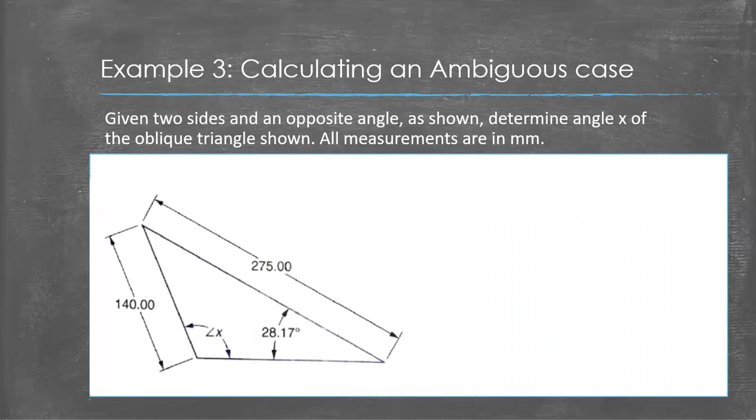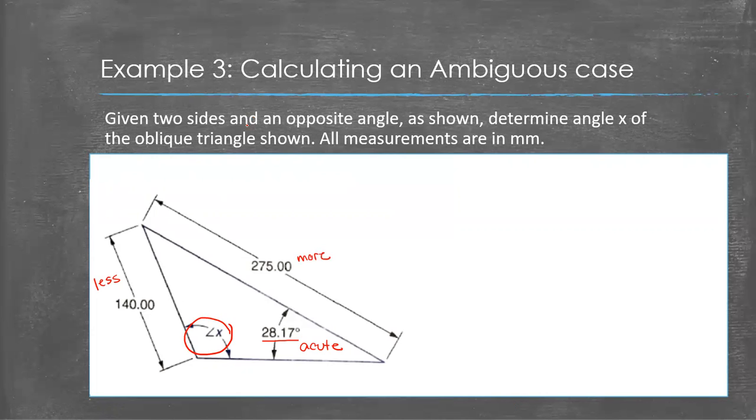Prime example is here. If we look at this diagram, we have a triangle, and we can tell that this angle is bigger than 90 degrees. So it is oblique. We're going to get an example of the ambiguous case. How do we know? Well, we have an acute angle, and the opposite side is less than the side attached to the acute angle.